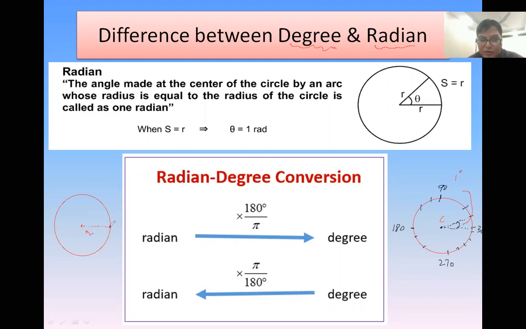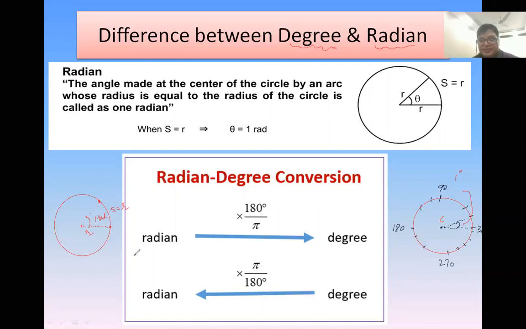You should move from this to this, and this distance must be the arc length represented by S. It should be equal to R, let's say 2 centimeter. This arc length should also be 2 centimeter. Then the angle here is called 1 radian, my dear students.